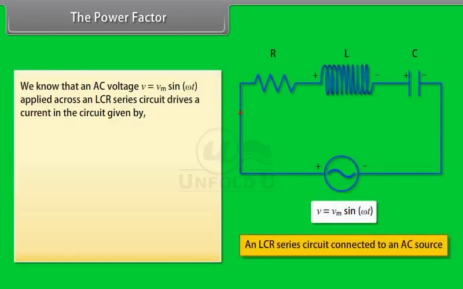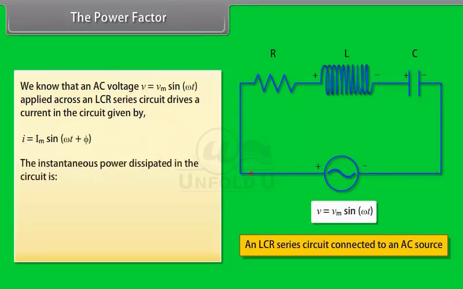The power factor. We know that an AC voltage V equal to Vm sin omega t applied across an LCR series circuit drives a current in the circuit given by Im sin (omega t plus phi).